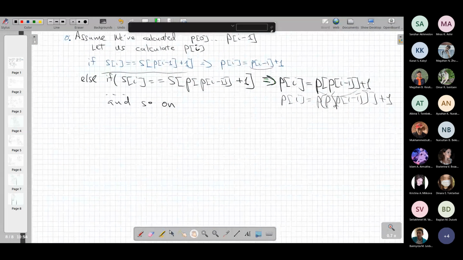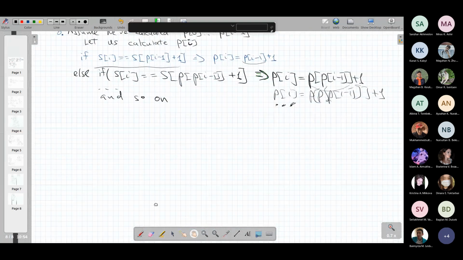Let us consider an example, and eventually we will either finish this process because P of I minus 1 will at some point be 0, then we will say that, okay, this is 0 again, or at some point we will assign P of I the correct value.